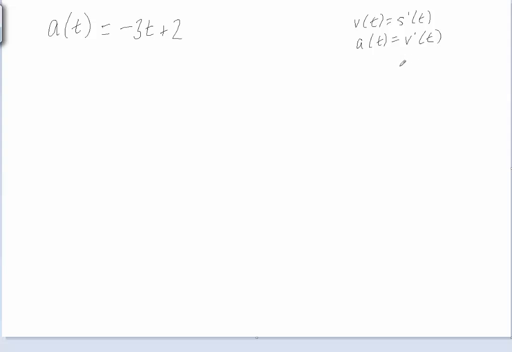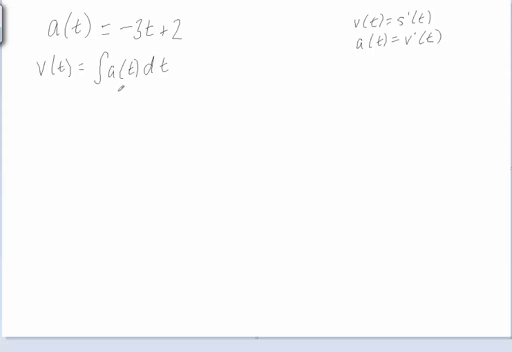So going backwards, using integrals, we know that velocity should be the integral of acceleration. So we said, what is the integral?